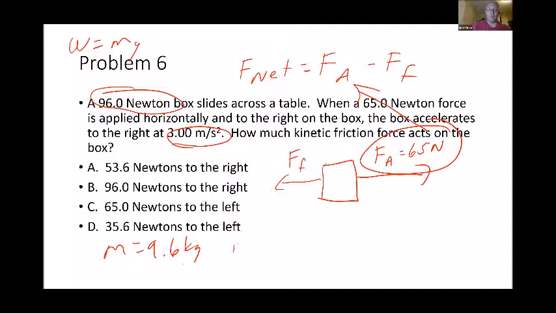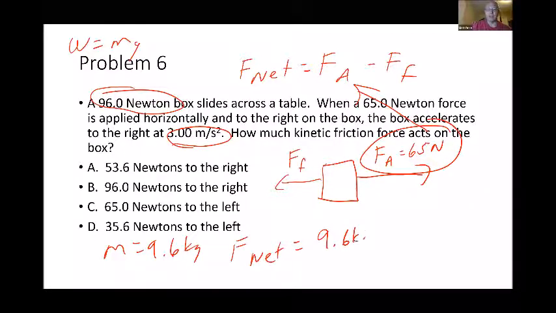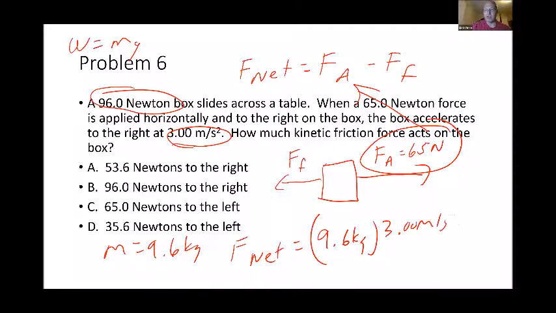Therefore, the net force is equal to 9.6 mass times the acceleration of 3. That's 28.8. And that's over here to the right.